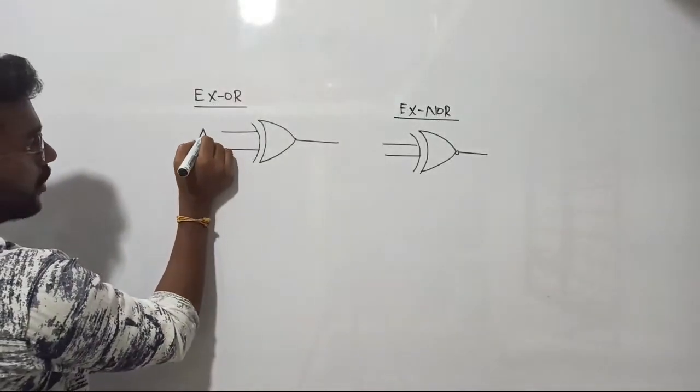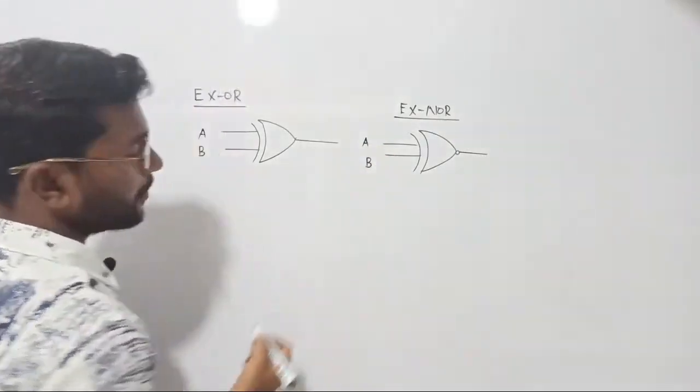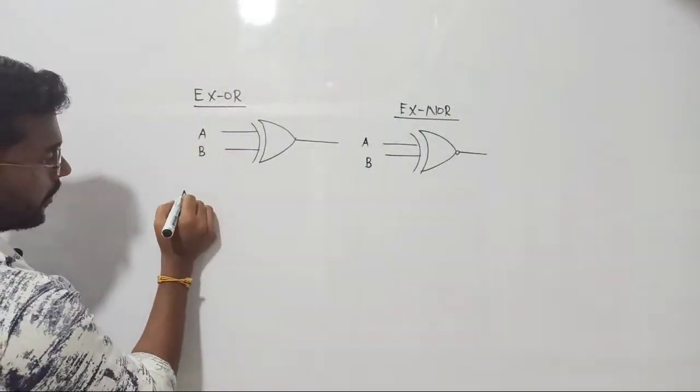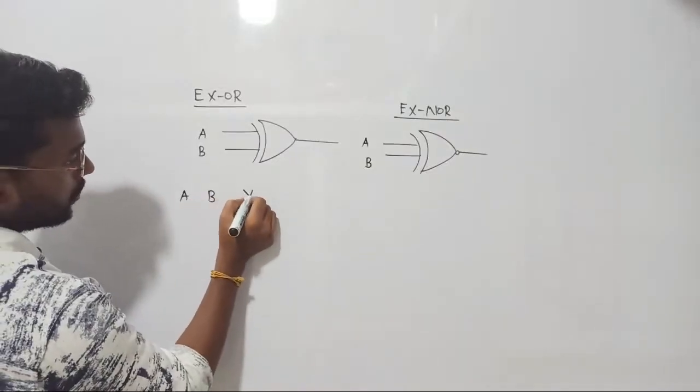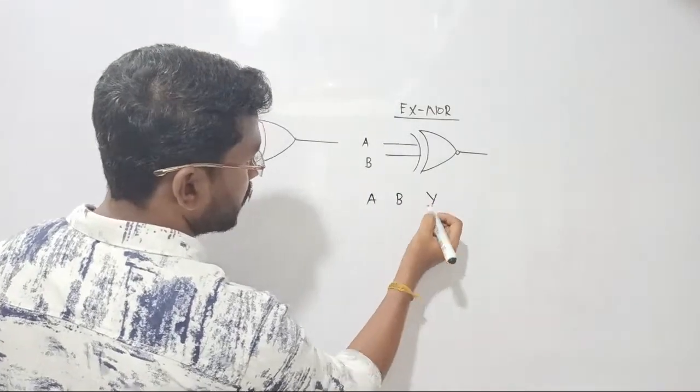We are going to provide 2 variables A, B here, and here also we are going to provide 2 variables A, B, and this is going to be the output.